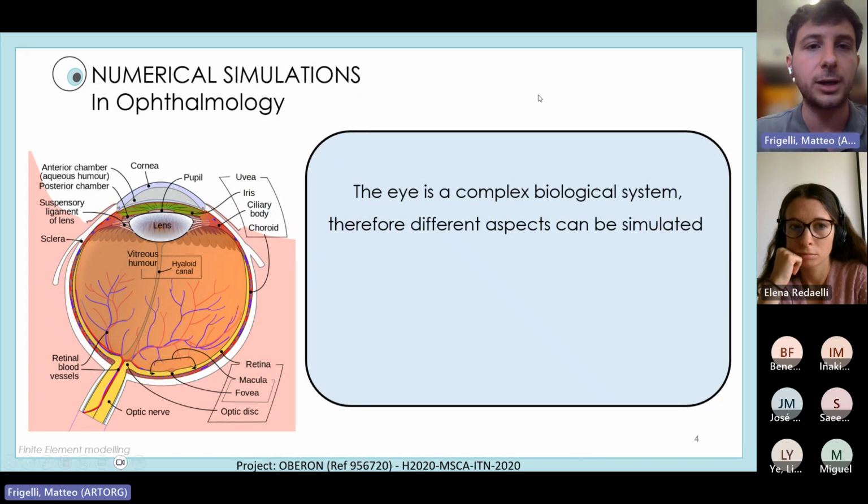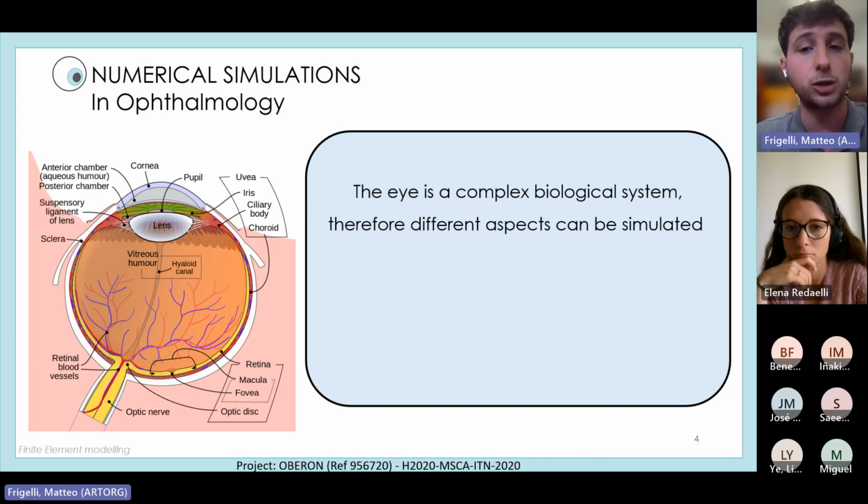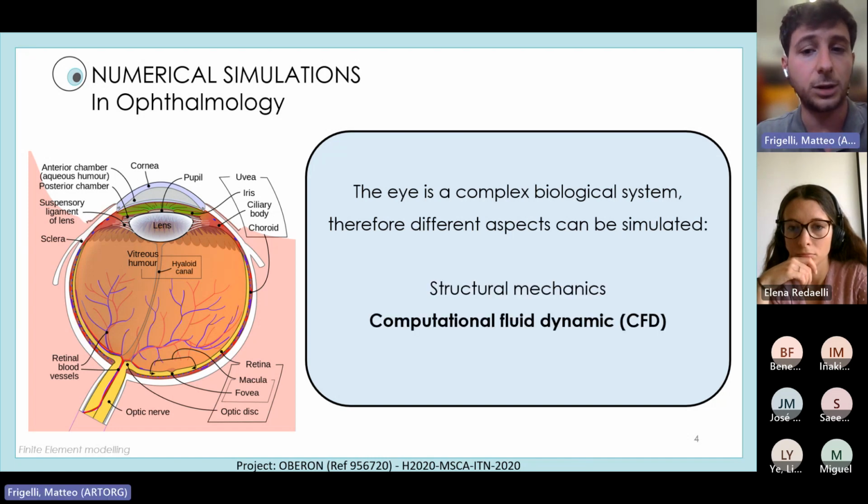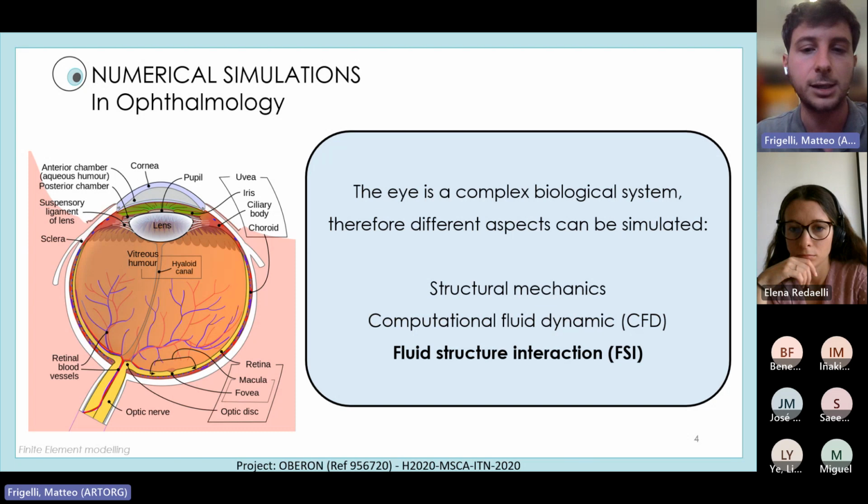So the eye is a very complex system, and numerical simulations are used to study it in different ways. We can have structural simulations to study the eye. We can have computational fluid dynamic simulations that study the humors inside the eye and the pressure effect that these have on the surroundings, and also the fluid structure interaction between these two.